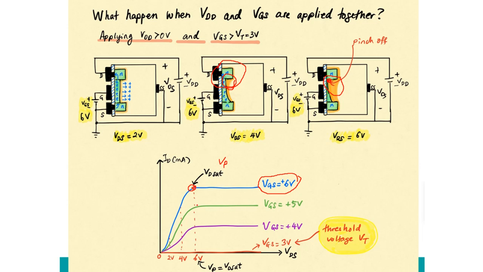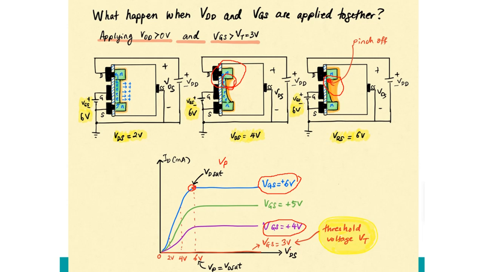That's why we get a lower level of current compared to VGS equal to 6. The same goes for VGS equal to positive 4. The depletion region develops very fast and makes the current getting smaller here.